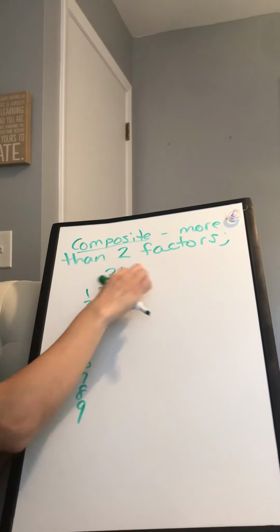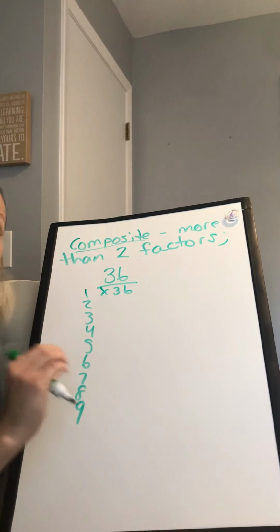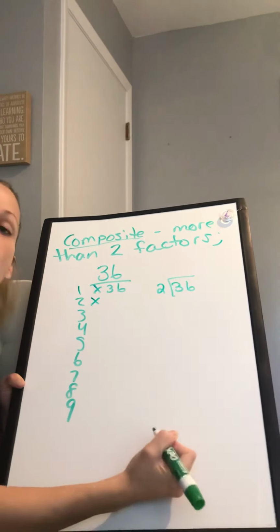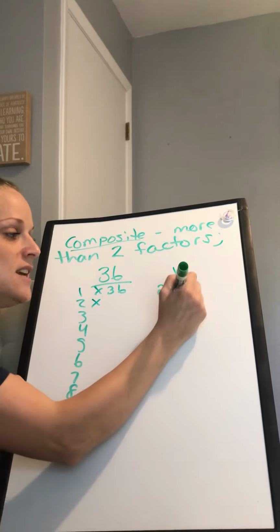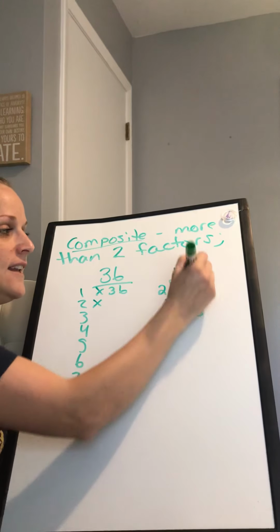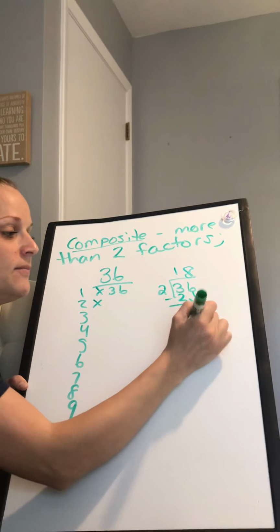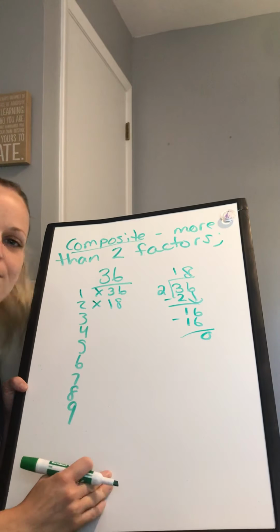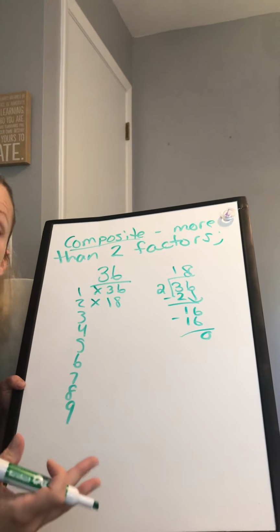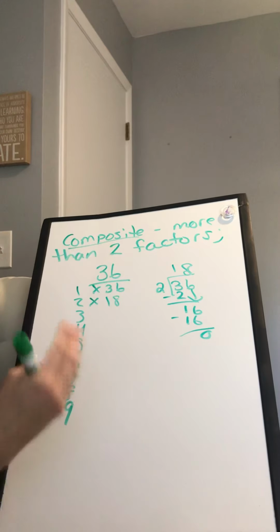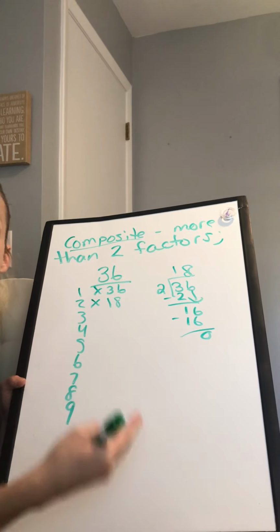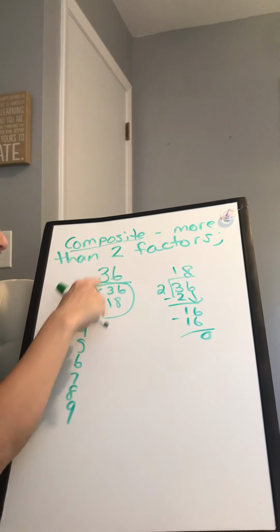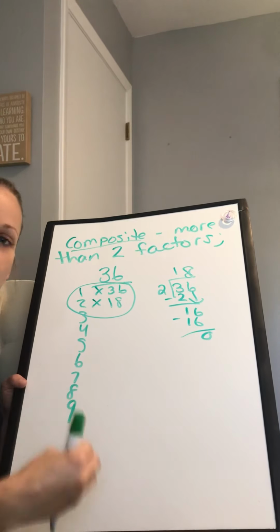I know 36 is an even number, so I know for a fact 2 is a factor, and I can divide to find what times 2 gives me 36, and it is 18. So 2 times 18, I actually don't have to keep going now. I'm not asking you to find all the factors of 36. I just want to know, is 36 prime or composite? And I already know 36 is composite because I have more than 2 factors.